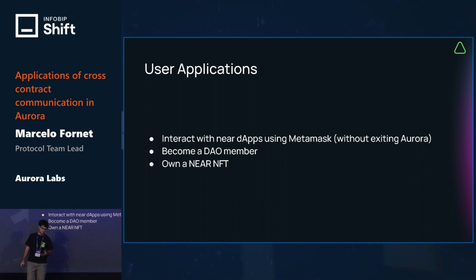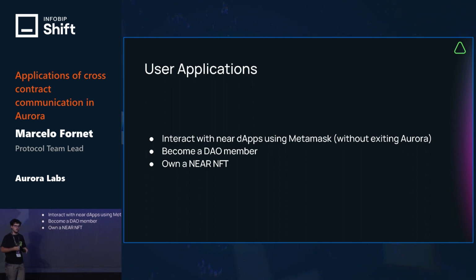In particular, for example, MetaMask is one such tool that we use as well in Aurora, given we are EVM compatible. Having this cross-contract call communication will allow Aurora users, MetaMask users that are used to interacting with Aurora, to interact with other NEAR contracts still using MetaMask.